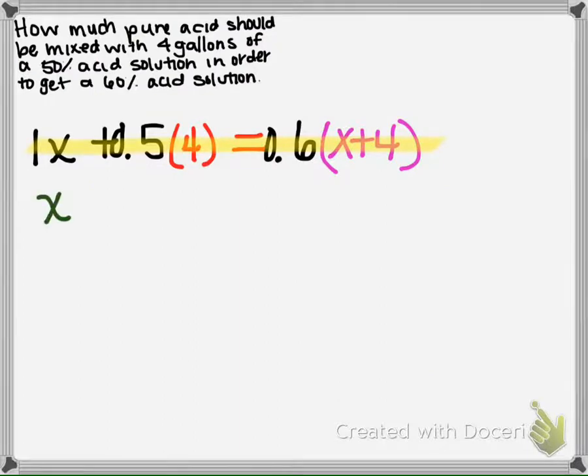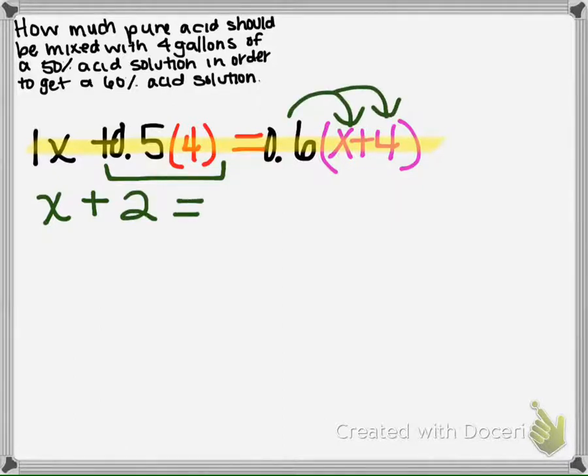Okay, so first thing when we solve an equation, we want to simplify. So 0.5 times 4 is 2. Then we're going to do the distributive property over here, and 0.6 times x is 0.6x, and 0.6 times 4 is 2.4.